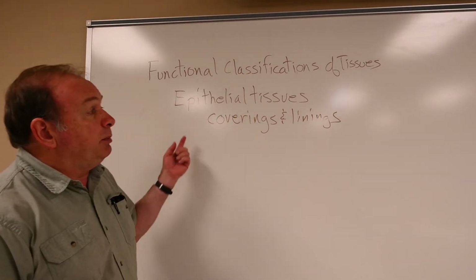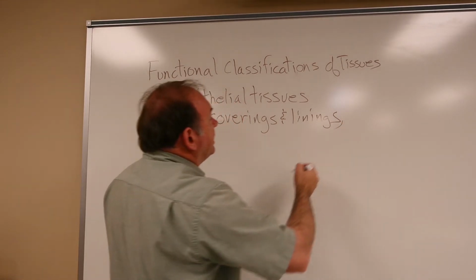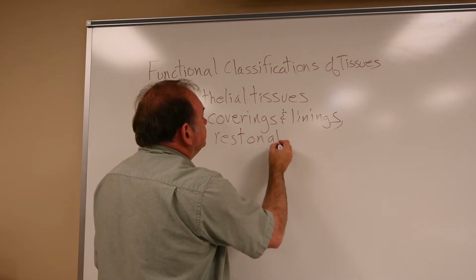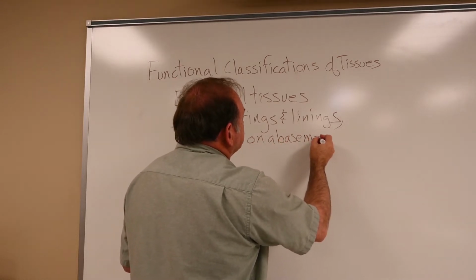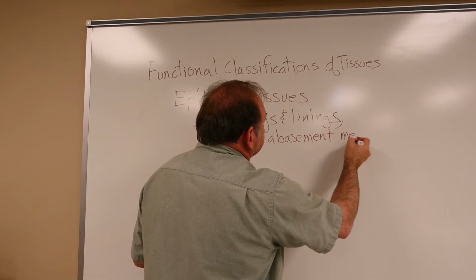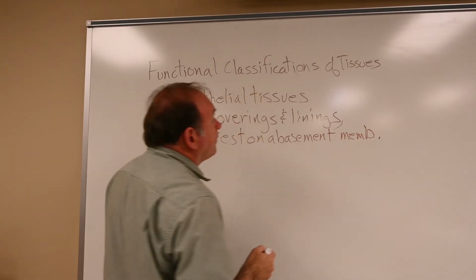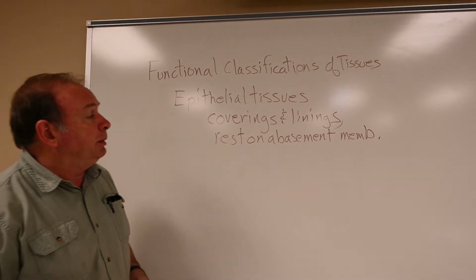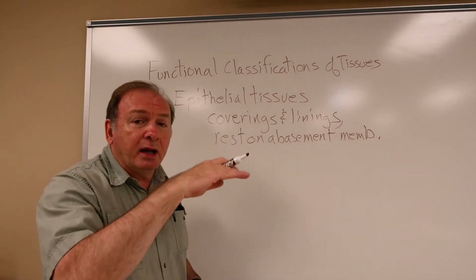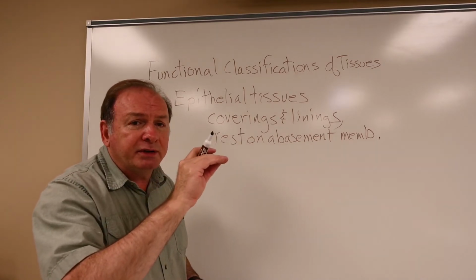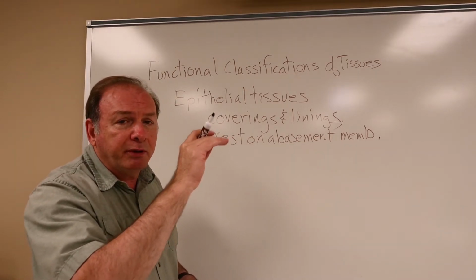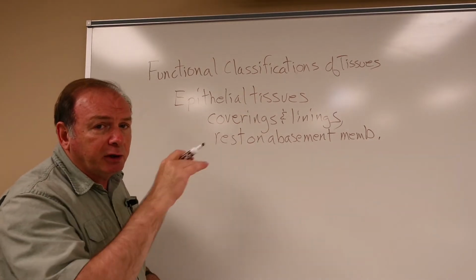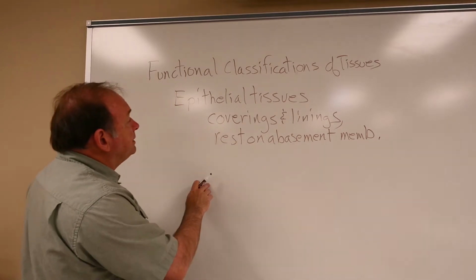In addition to that, to be an epithelial tissue, it also has to rest on a basement membrane. We'll talk about that basement membrane a little bit later. It's an extracellular layer. It's not made out of cells, not made out of the actual cell material, but something secreted by the cells. It forms a basement membrane. It's kind of a glue that holds the epithelium in place.